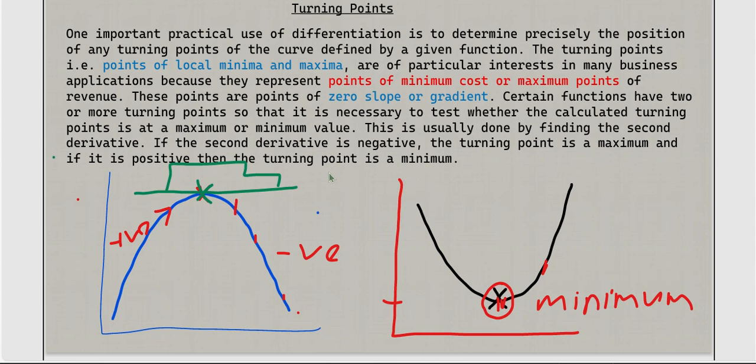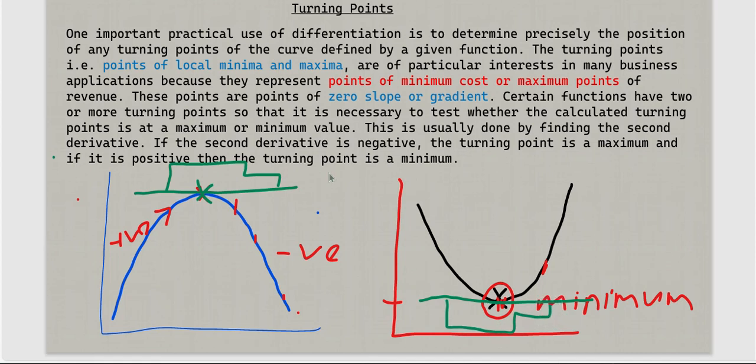There is no slope. It's flat. The same applies even here. If I draw a line here, this point has 0 slope. If there was a car here, it would actually be flat. So the gradient at maxima and minima is 0.